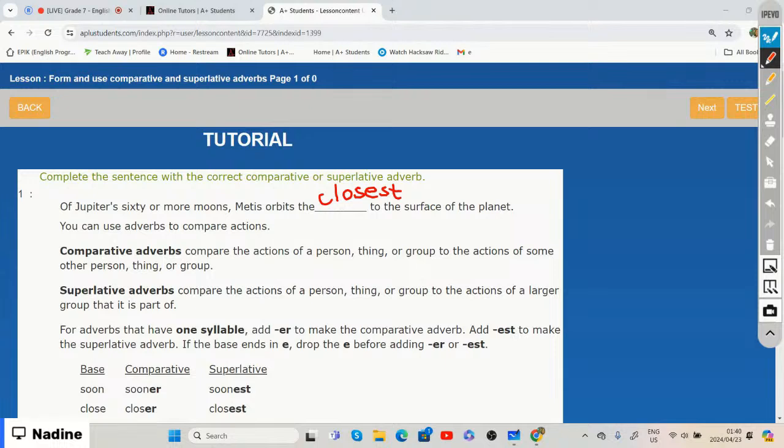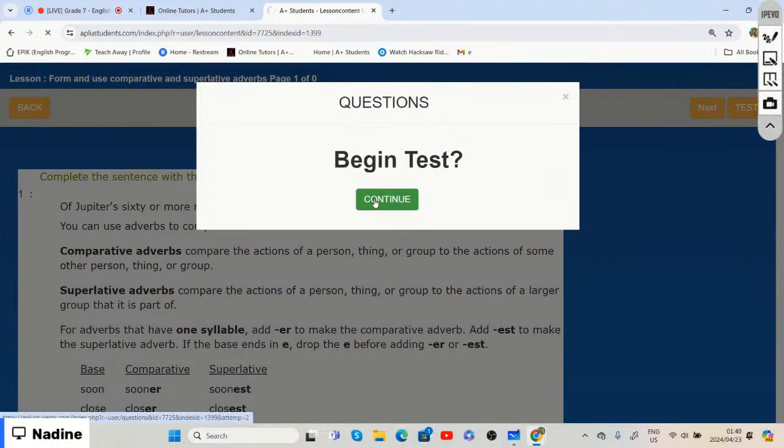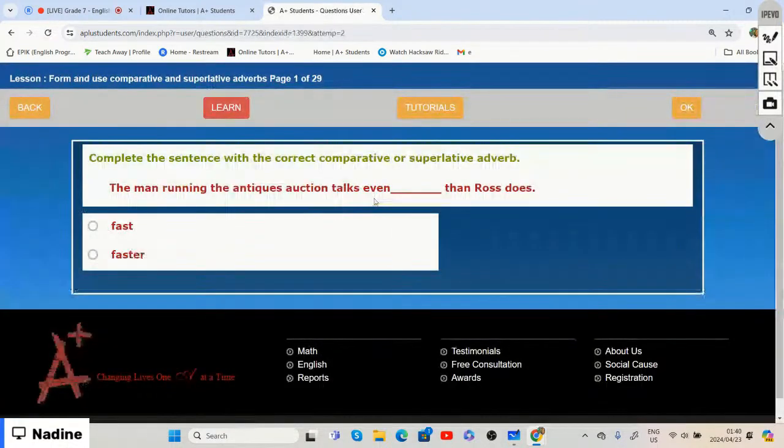All right. And if we go to our test, where we are going to say if we're going to choose the comparative as well as the superlative.